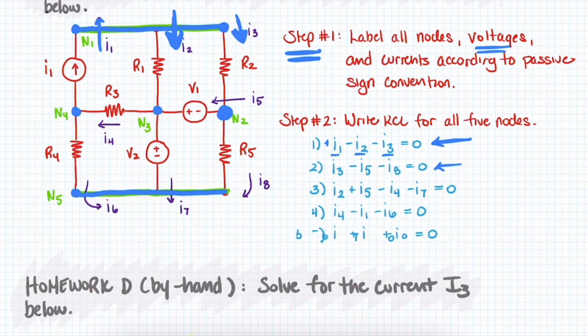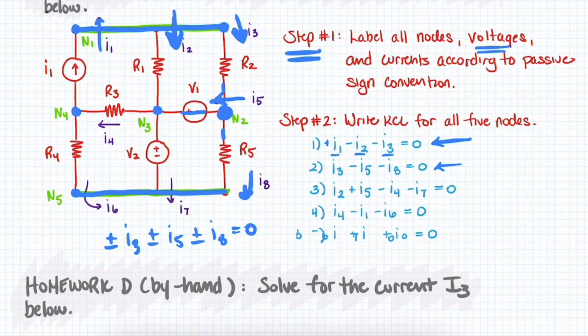So here we have 3 different branches that are adjacent to node 2, and there's 3 currents. We have I3, we have I5, and we have I8. So right off the bat, I know this is going to be plus or minus I3, plus or minus I5, plus or minus I8 equals 0. And then all we have to do is figure out what the signs are.